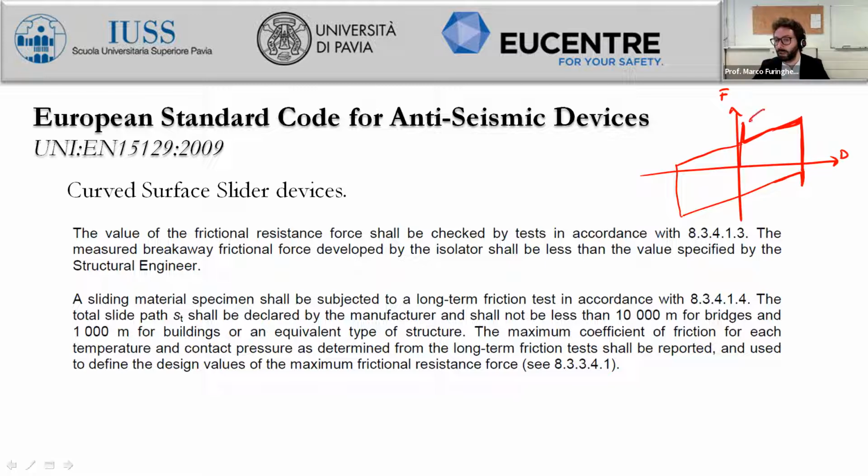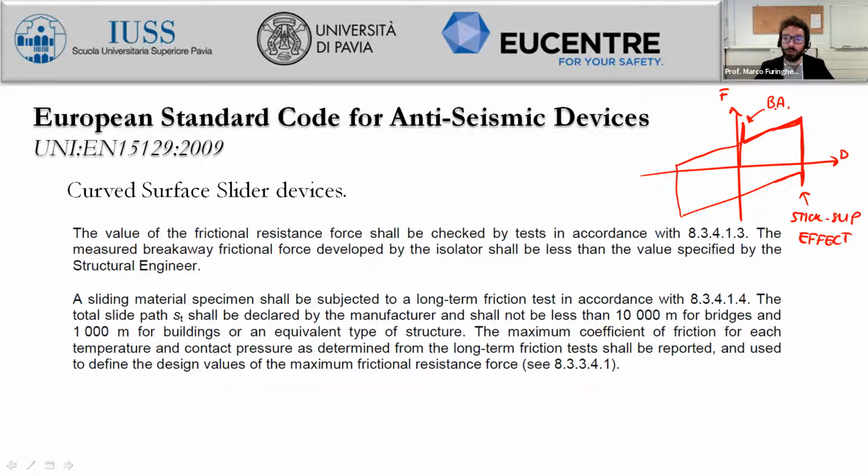But this is breakaway, and this is the stick slip effect. So both of them are increases of the friction coefficient, but the breakaway occurs at the very beginning of the motion.